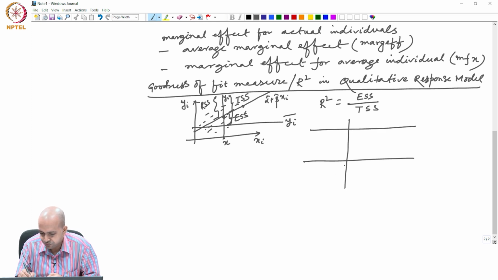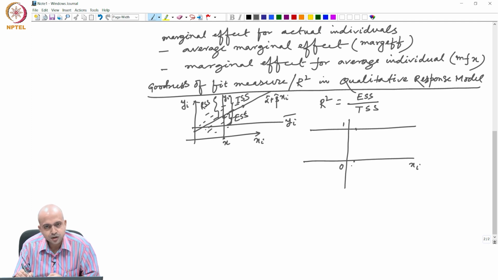In this axis, let us say I am measuring xi, and this is yi, and this is 0, this is 1. So for any value of x, you are either here or here.